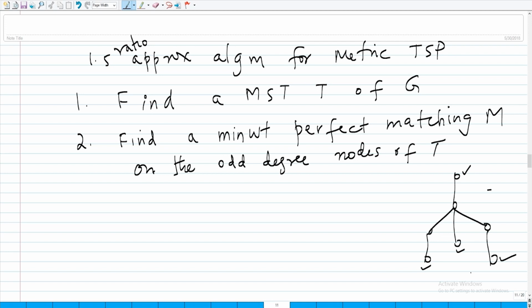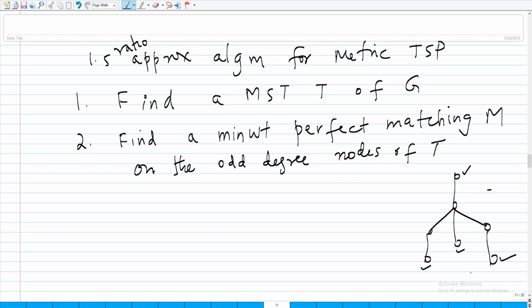So, I go to the induced subgraph on these nodes. They will have a perfect matching among them. Why? It is a complete graph. Why should there be an even number of vertices to start with? Because to have a perfect matching, you should have an even number of vertices.